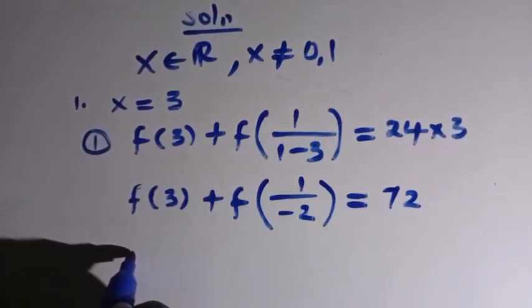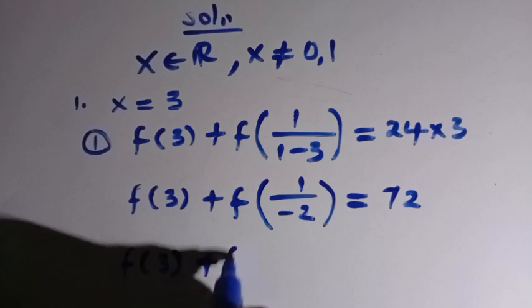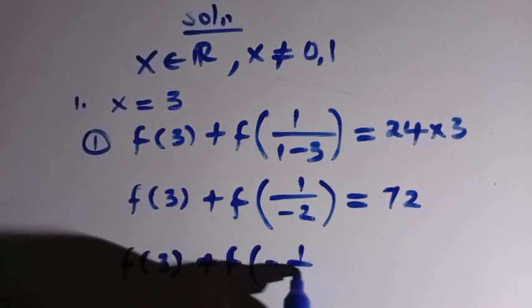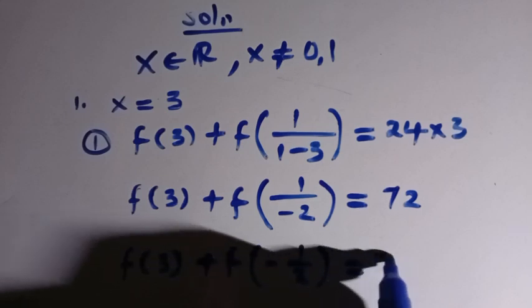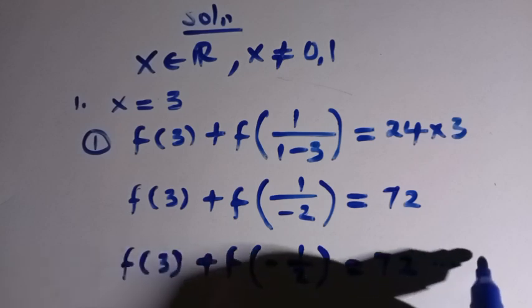Then we can write this as f of 3 plus f of minus 1 over 2 equals 72. Let's name this one equation 1.